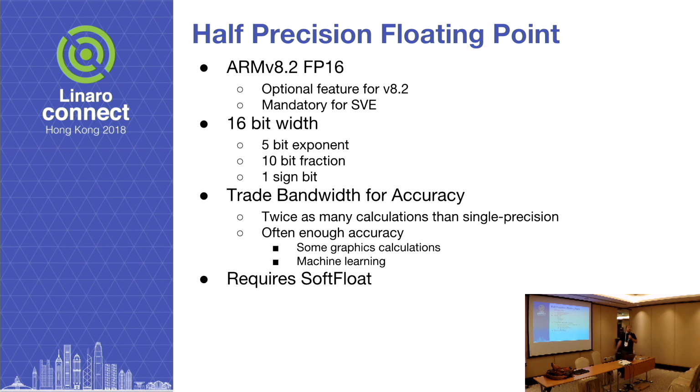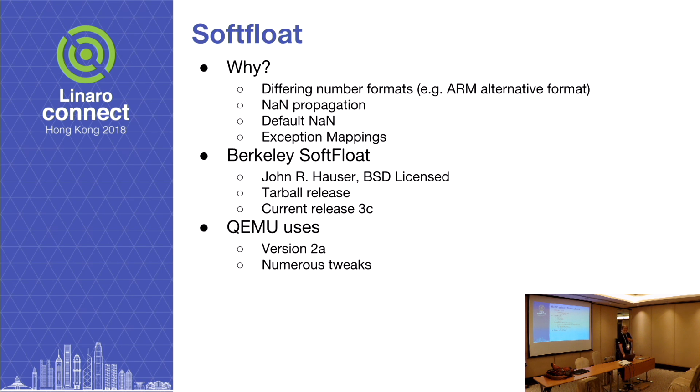So this required making changes to soft float. So let's first of all talk about why we do this with soft float. Soft float is a BSD licensed library developed by a guy called John R. Hauser. And the reason QEMU uses soft float is because there can be quite a bit of variation and difference between how guest architectures and the host architecture you're running on deal with floating point numbers.